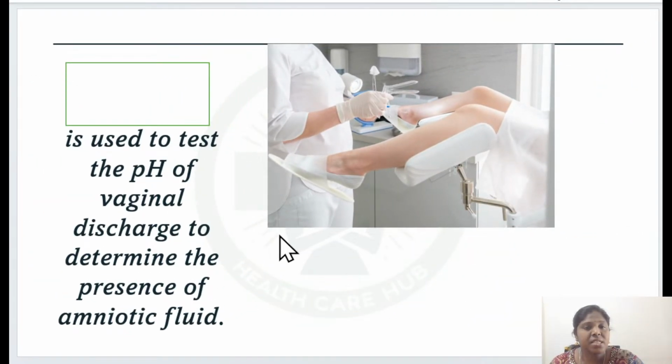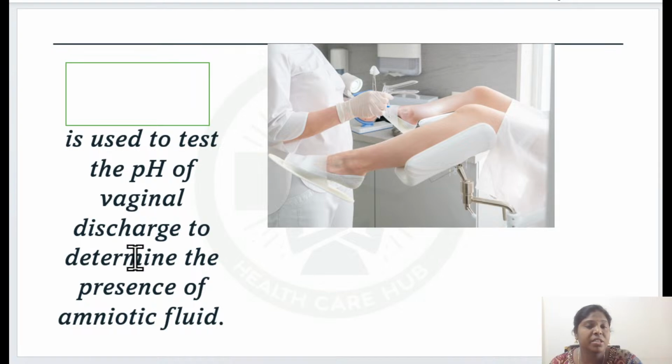Dash is used to test the pH of vaginal discharge to determine the presence of amniotic fluid. Sometimes due to rupture of membranes, the mother will come to the hospital or the primary health care center. So we need to check the pH of that vaginal discharge, whether it is liquor, amniotic fluid, or a white discharge. We use one kind of paper.